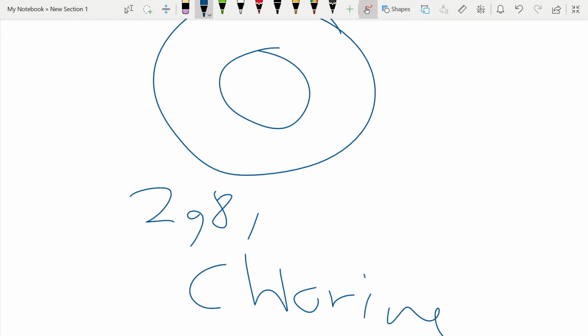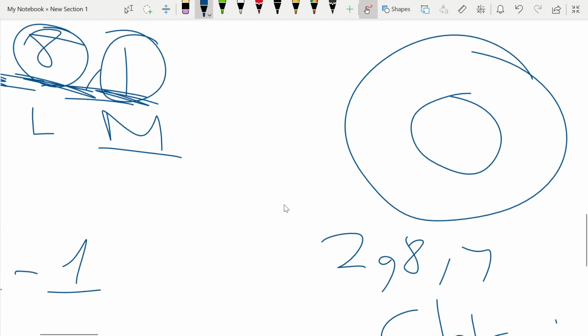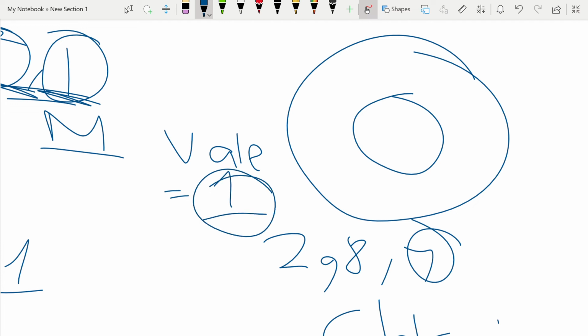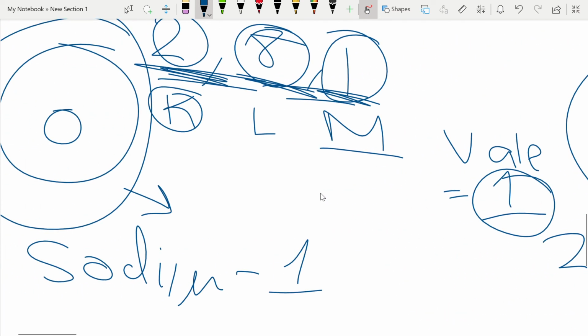So it has 2, 8, 7. Now, what does chlorine want to do? Chlorine wants to get another 1 electron, so the valency is going to be 1. So it wants to get 1 electron to fill up its shell. And this one wants to give away 1 electron to get an empty shell.